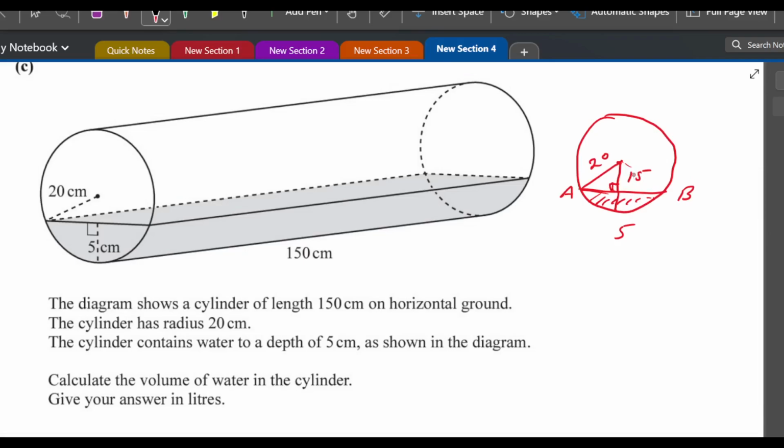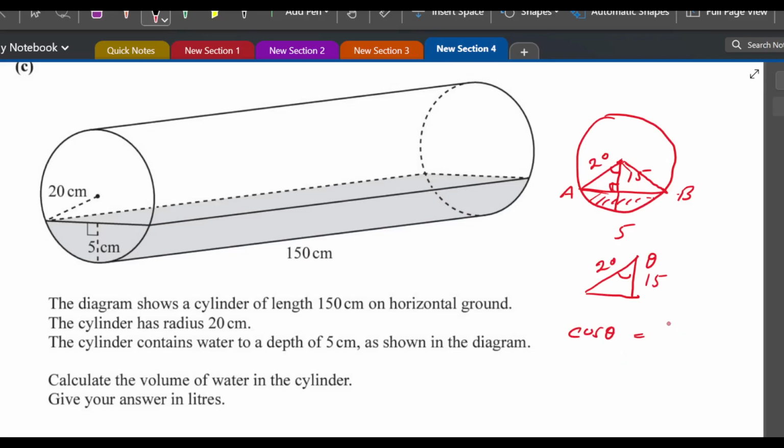And what I can do, I can find out area of this upper triangle and area of this whole sector. Okay, to find that, first I need angle here. At the center, what is angle at the center? So this angle, if you say it's a triangle like this, where this is 20 and this is 15 and this angle is say theta, so you can apply cos theta.